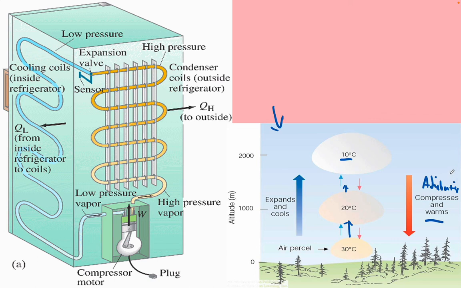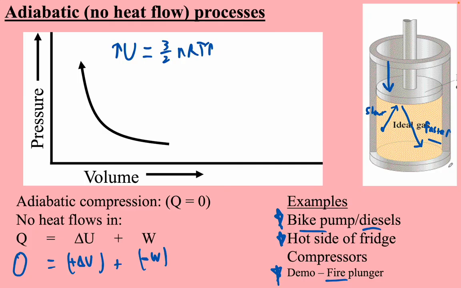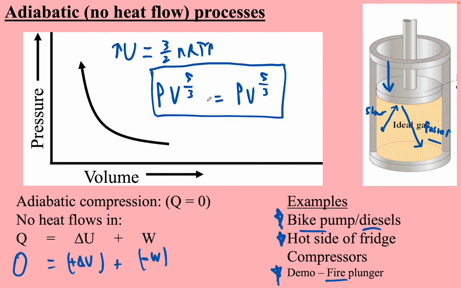So I think that's enough talking about this. Now, just foreshadowing: on this, we can't really use the combined gas law because the temperature changes, but we do know this. This is in the data packet. For an adiabatic process, we've got this formula that we can use. We'll look at that more later, but this is basically like the combined gas law for adiabatic processes.